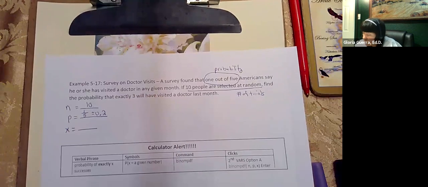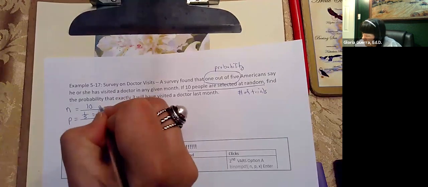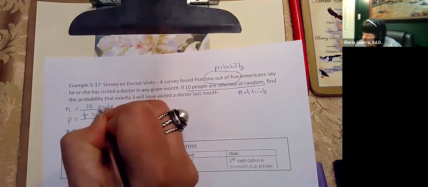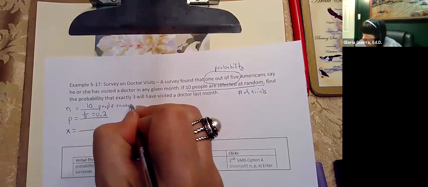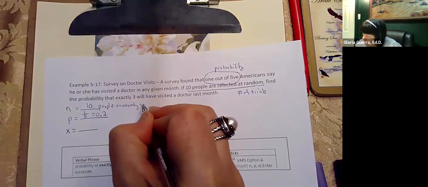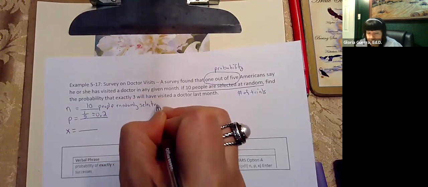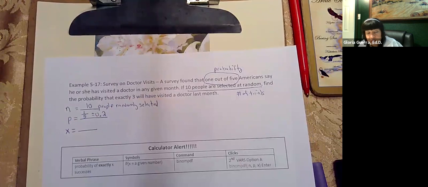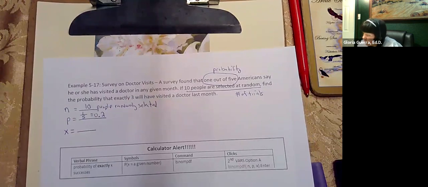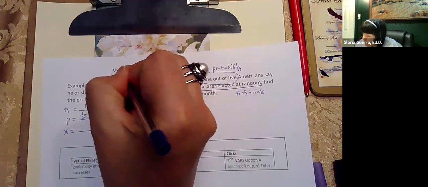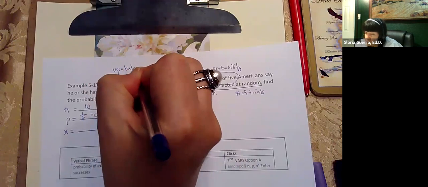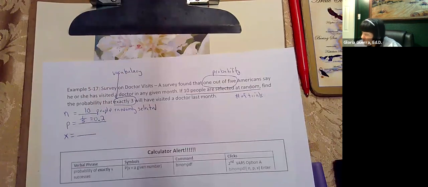So 10 people, and they're randomly selected. That's your keyword. Find the probability that exactly 3. So this is your vocabulary, that's your keyword.